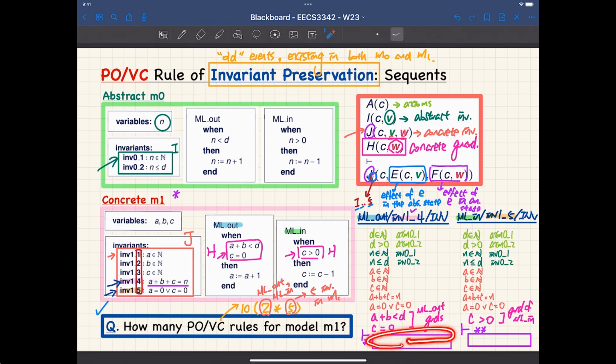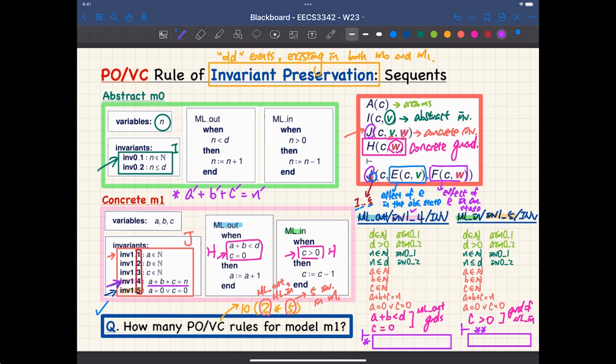So the intermediate manipulation could be something like this. Since invariant number 4 is this one here, what I will do is A plus B plus C equals N. But since it's going to hold at the post states, I'm going to prime all the variables. This is what you should start with. But this is not the final answer just yet. But it will help a lot if you start with this.